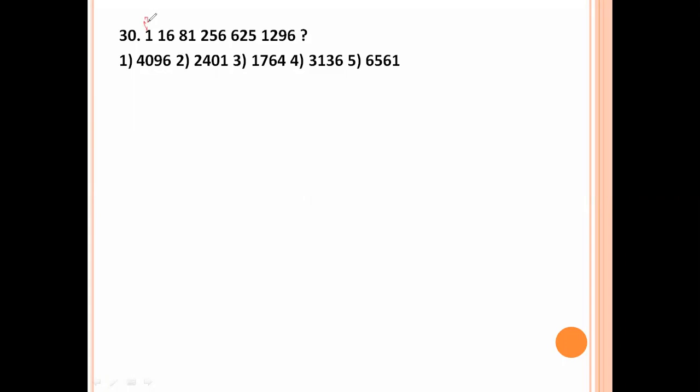These are 1 square, 4 square, 9 square, 16 square, 25 square, 36 square. Now the bases: 1 plus 3 is 4, plus 5 is 9, plus 7 is 16, plus 9 is 25, plus 11 is 36, plus 13 is 49. So 49 square is 4096. Option number 1 is the right answer.